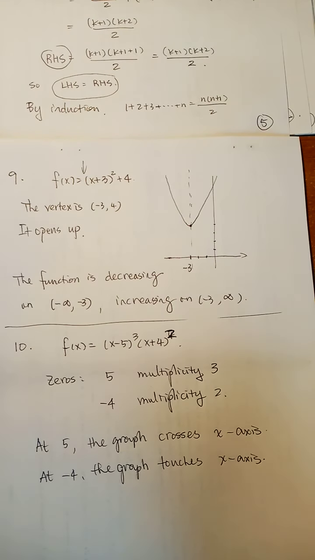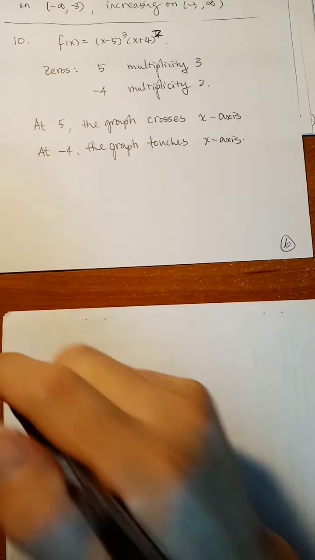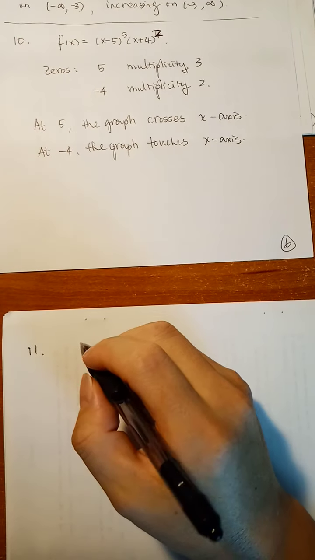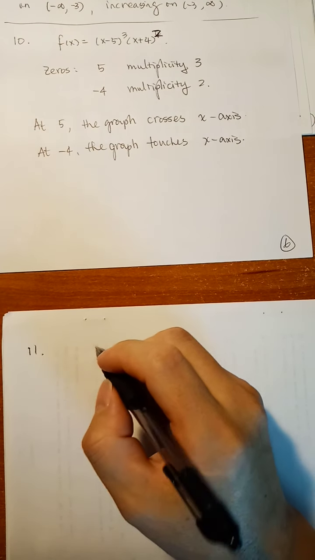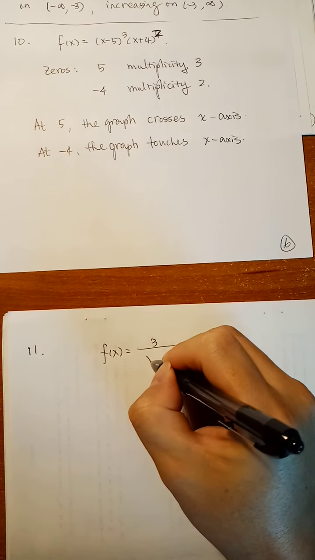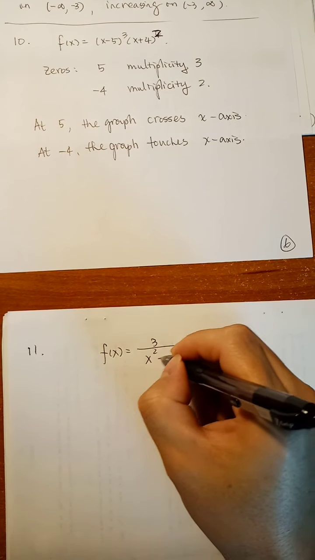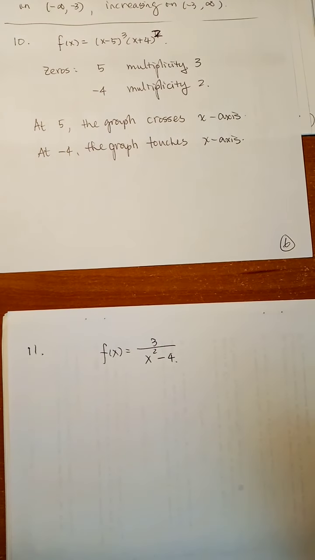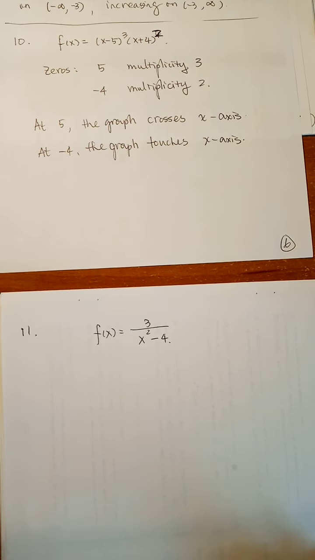Problem 11. Let's see the 11. We are going to sketch the graph of the function 3 over (x squared minus 4).